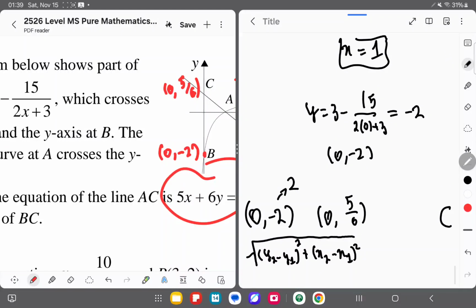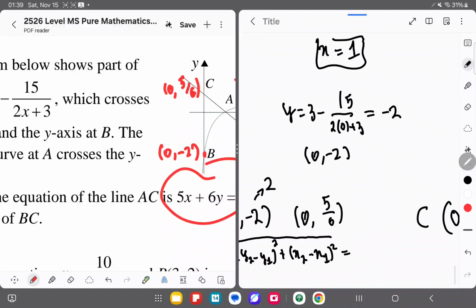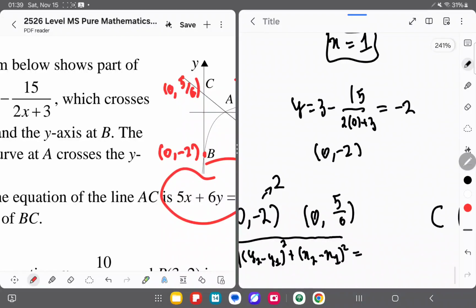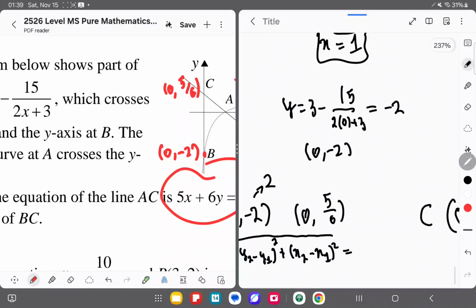But I'm pretty sure you can literally just add them up. Let's substitute here. You have y2, y1. So we'll just get, for example, 2 minus 5 over 6 squared, and then radical. So you get 17 over 6, the distance between them.